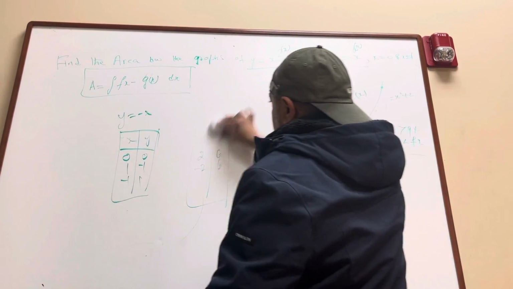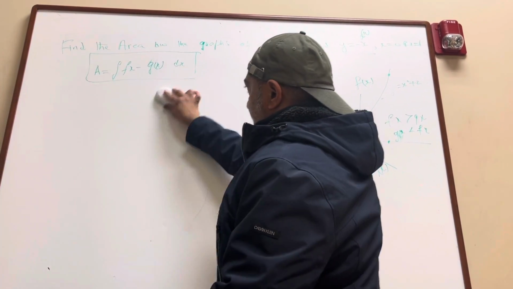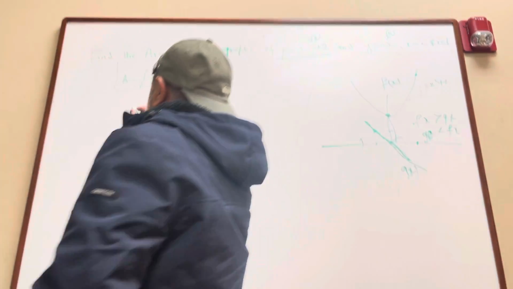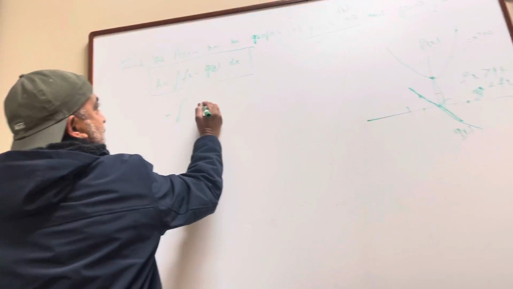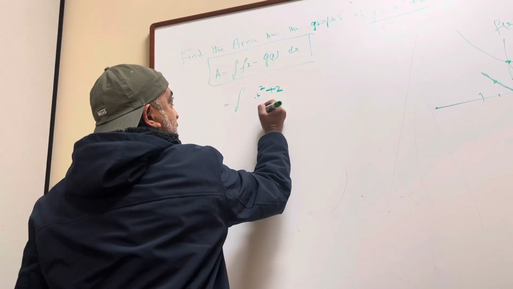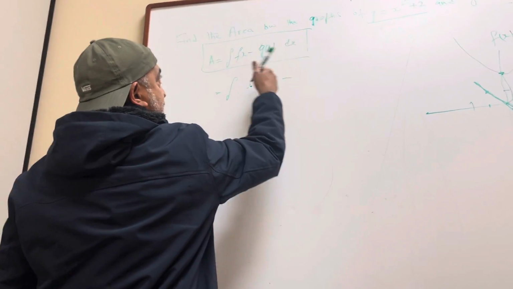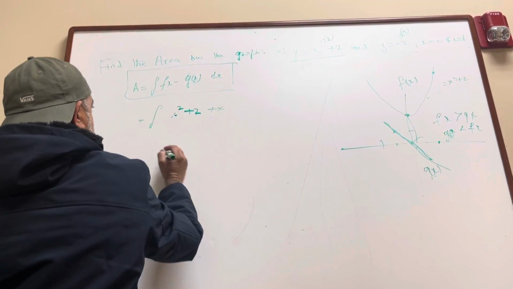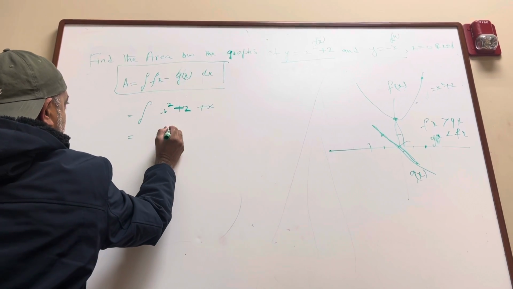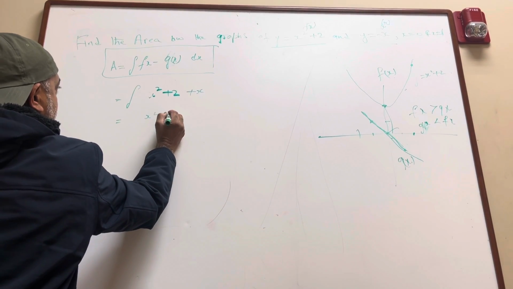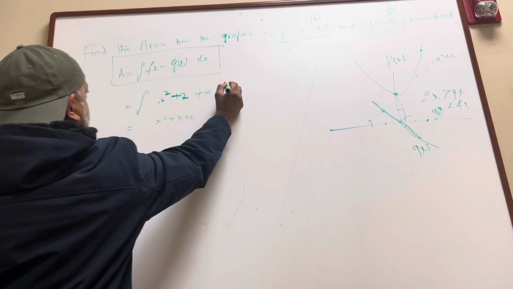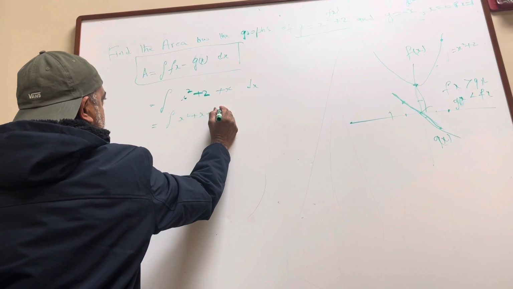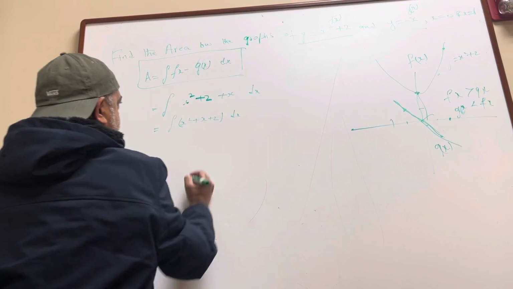So I'm erasing all these values, but leaving the graphs. My f of x was x squared plus 2, and minus is from the formula, so this will become plus x, and then we have the integral of x squared plus x plus 2 dx.